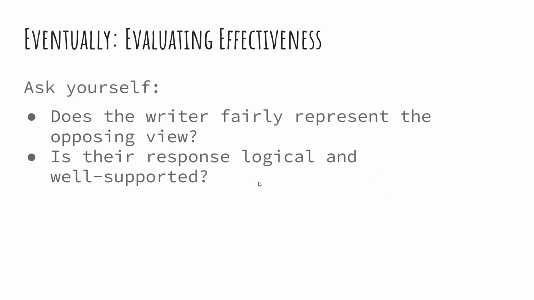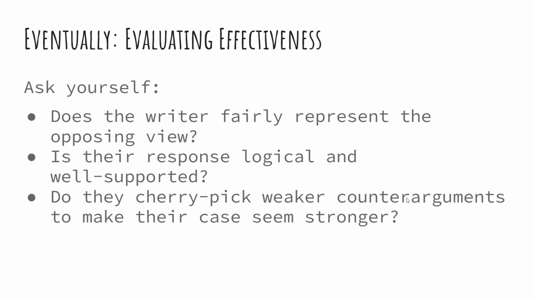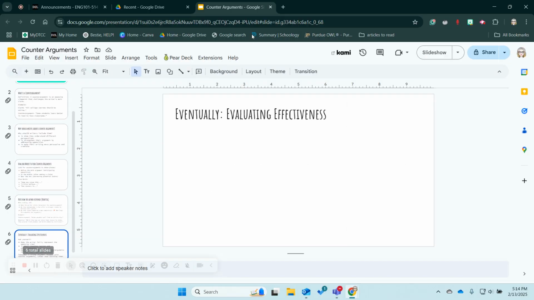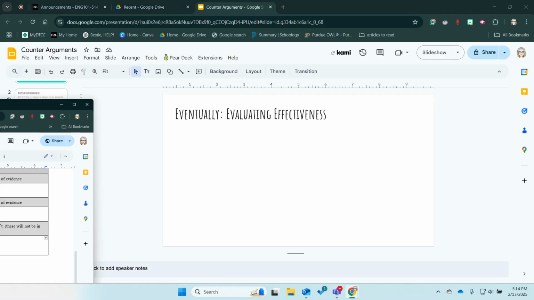Do they provide a logical and well-supported response? Do they cherry-pick weaker counter-arguments to make their case seem stronger? And just remember, a strong argument will engage with opposing viewpoints rather than avoid them, okay? So again, this is for the future, for a couple weeks from now when we start evaluating arguments, but just something to think about.